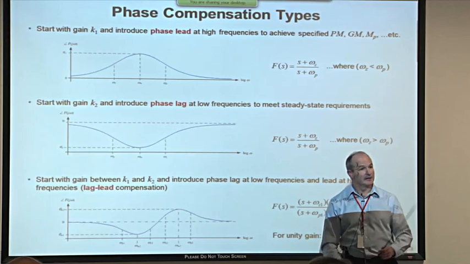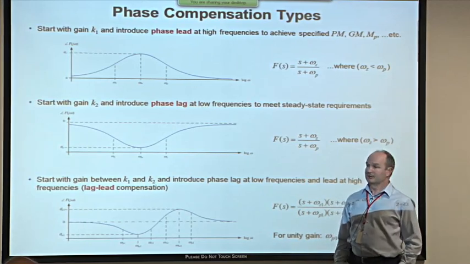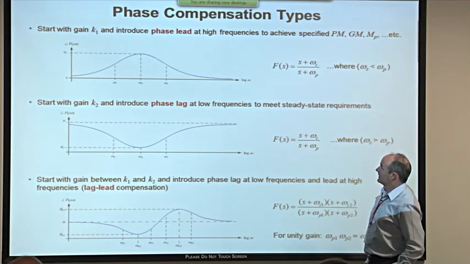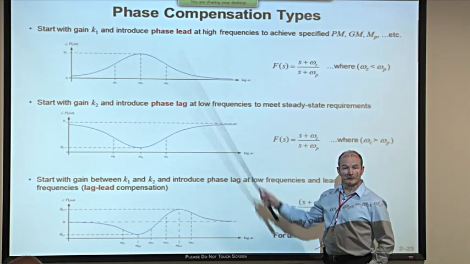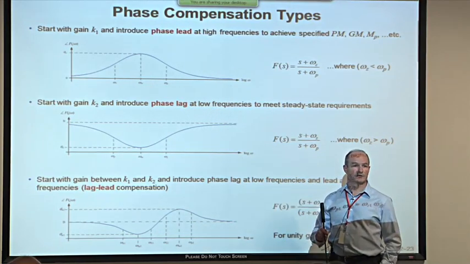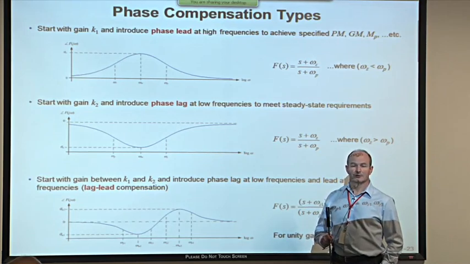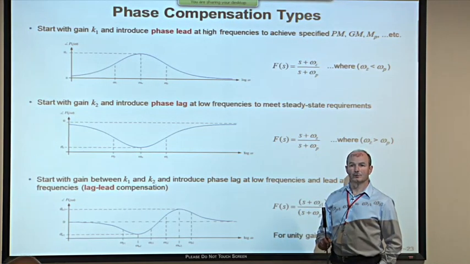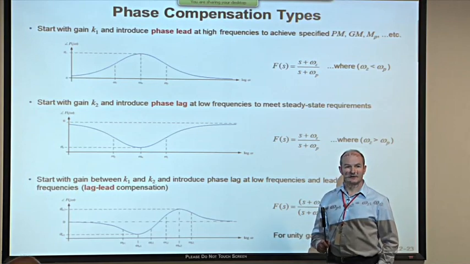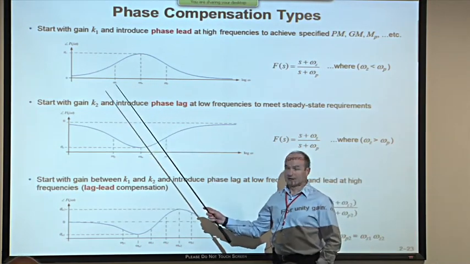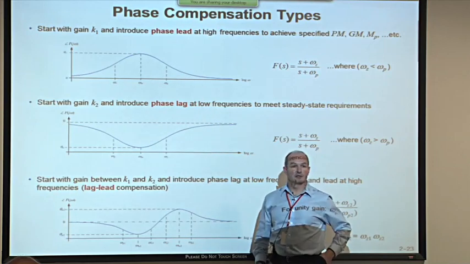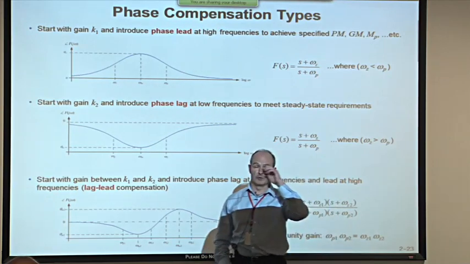Now, conceptually then, there are three different types of phase compensator that can be designed. By far the most common one is the phase lead compensator. Most systems have intrinsically too much phase lag. That's just the nature of the world, I guess. So we want to apply phase lead to correct for that. Now, in the simplest case, a first order case, a phase lead compensator comprises a single zero and a single pole.